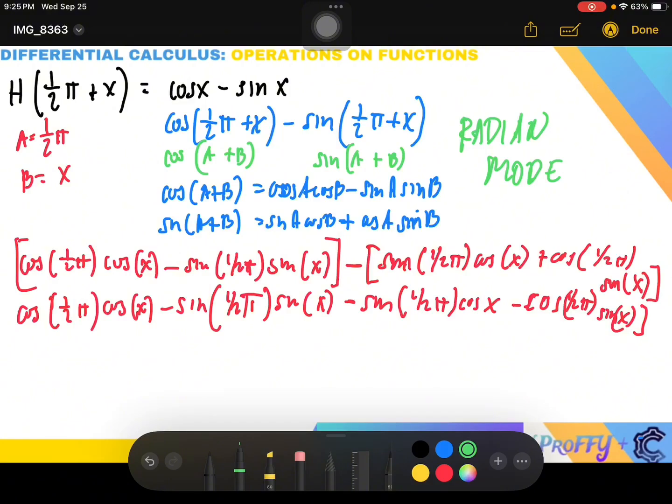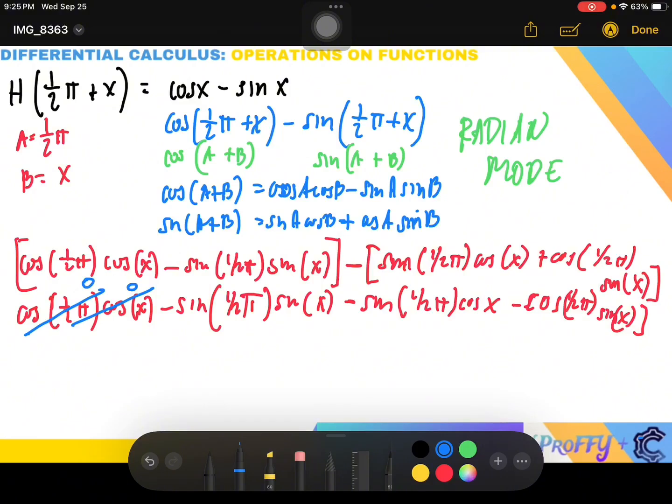Try to put it on radian mode. The radian mode is pressing shift, mode, 4. So input this to your calculator, which is the cosine of 1/2 pi, and this will be equal to 0. Any number multiplied by 0 is 0, so this will also be 0.